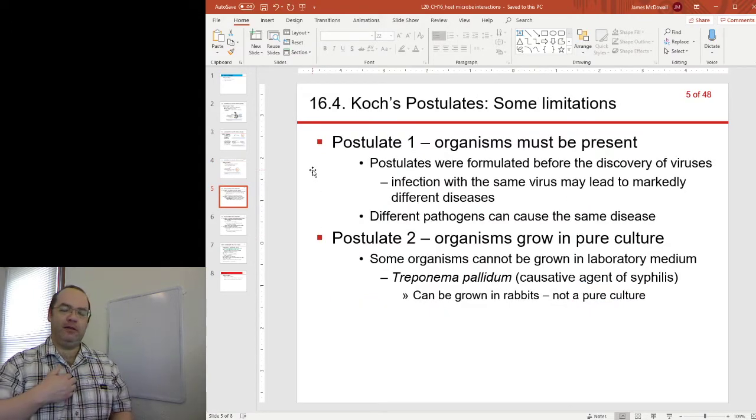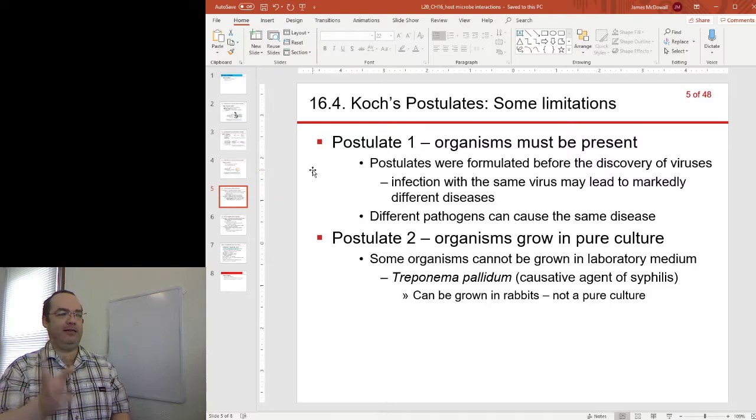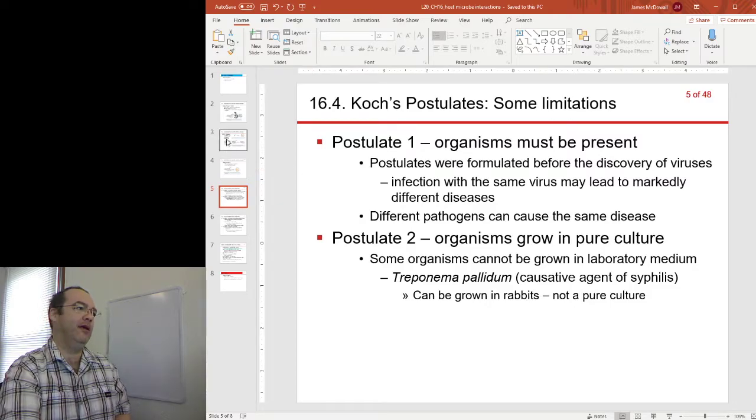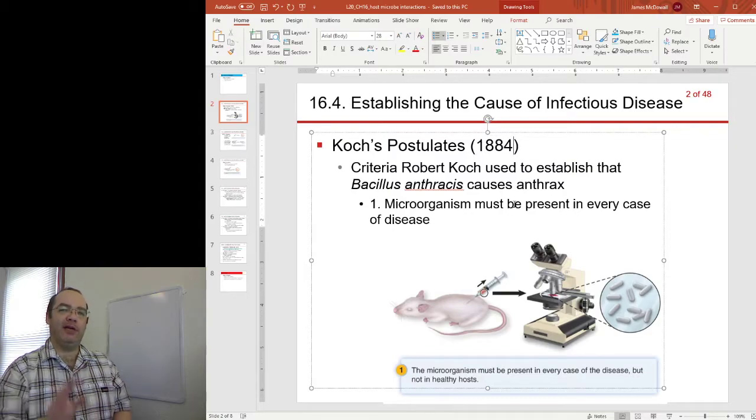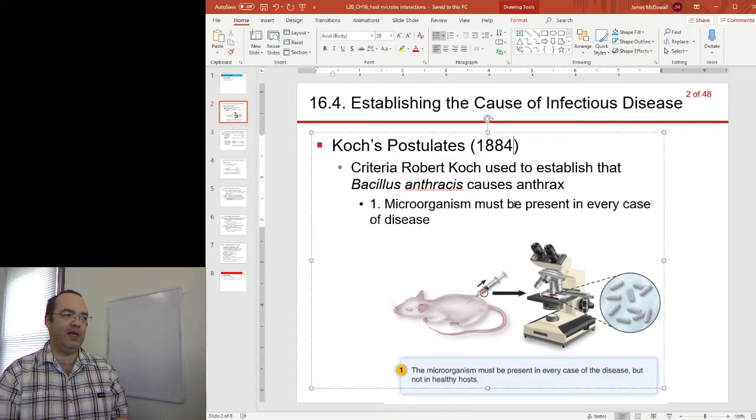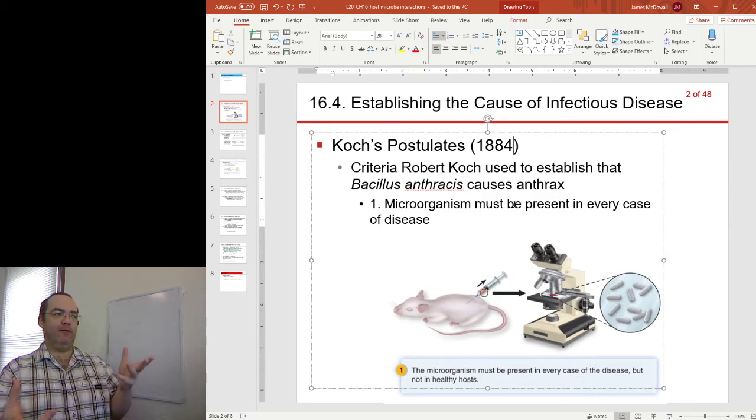So this sounds good and is a kind of foundational idea. It's been around for a long time. Koch set down his postulates in 1884, but a lot has changed since then. In fact, even Koch himself realized that his postulates weren't adequate for investigating some diseases.